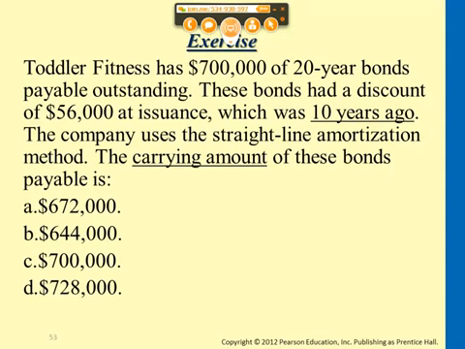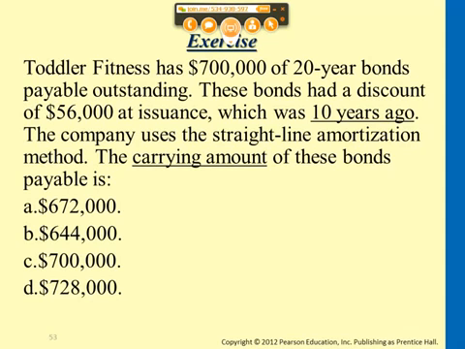It was issued at a discount, so generally speaking, it will increase to a point that matches the face value. If it's a premium, it will be a dollar amount, something like $750,000 as an example. Generally speaking, the carrying amount for a premium will be reducing to a point that reaches the face value of the bond. So if it's a discount case, the carrying amount will gradually increase. So you know for sure 10 years later it will be a dollar amount higher than $644,000.